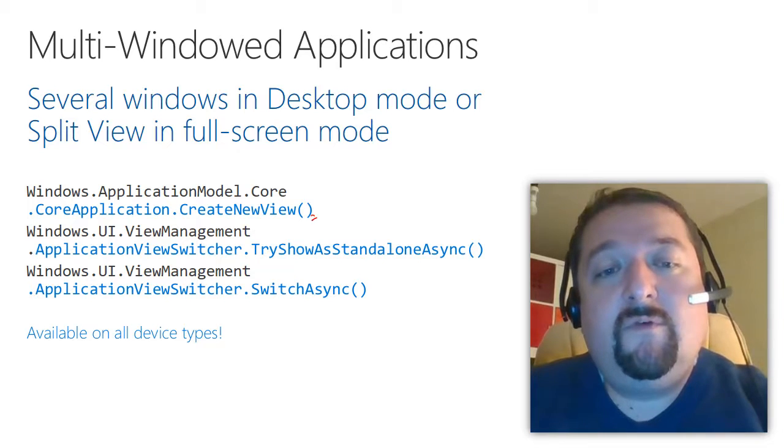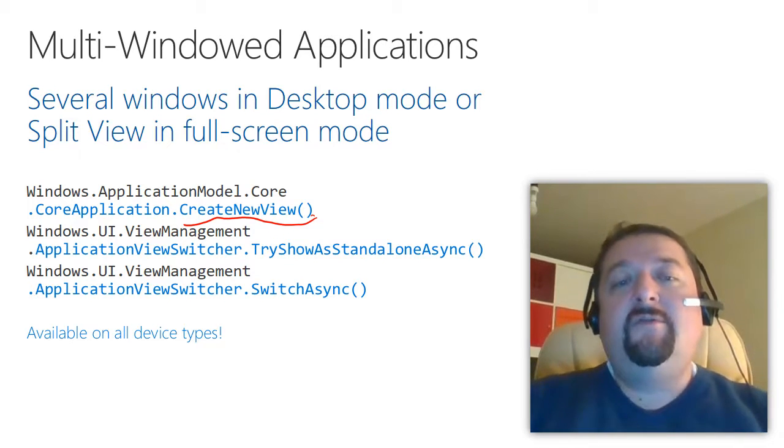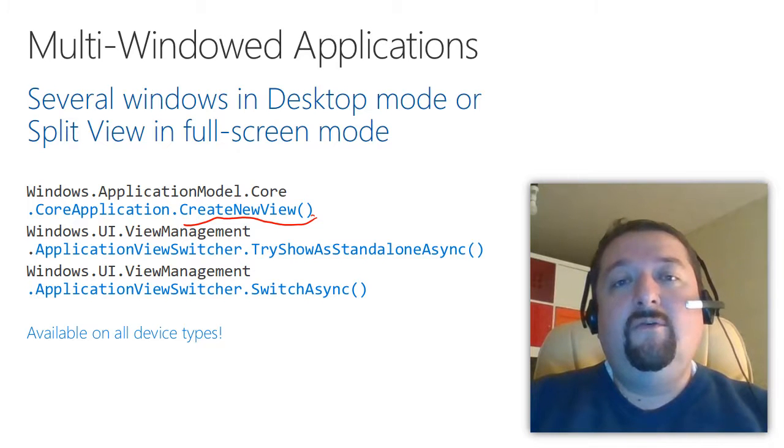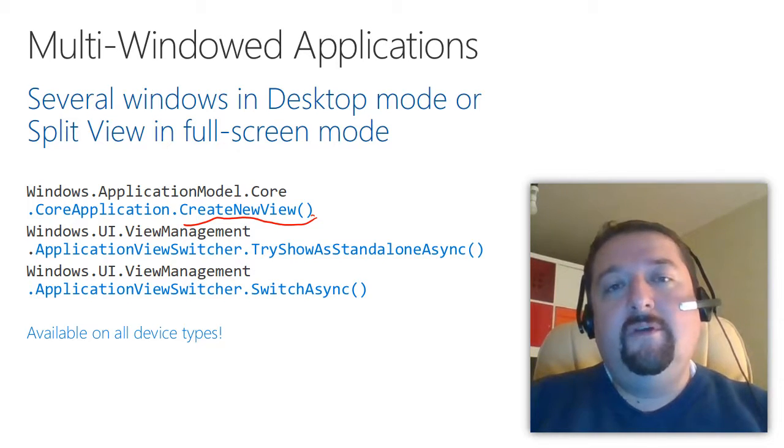To create a new view, you basically use CreateNewView, which gives you a reference to a new view where you can manually load a new frame. So what you normally do is create a new view, load a frame, a page into it, and then try to show it as standalone, or switch async to switch to this new window.